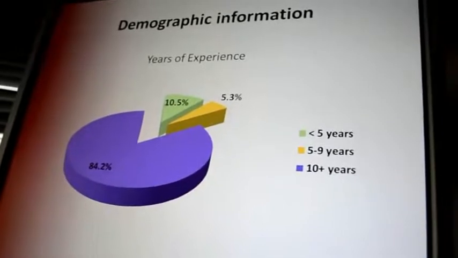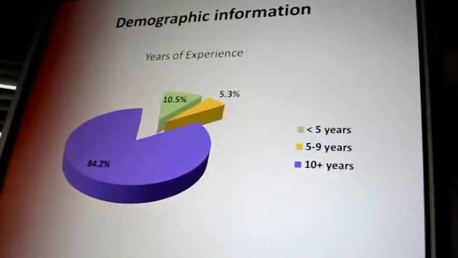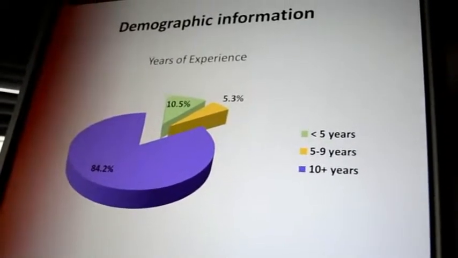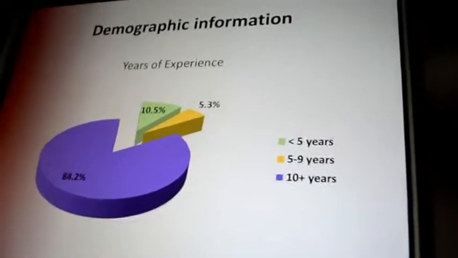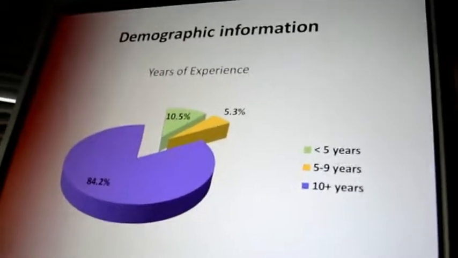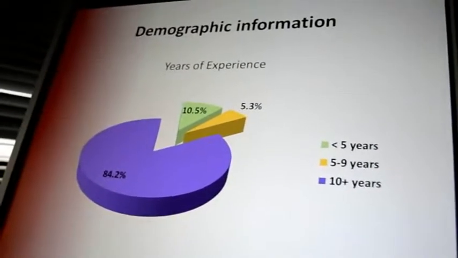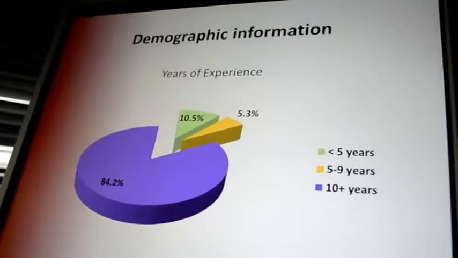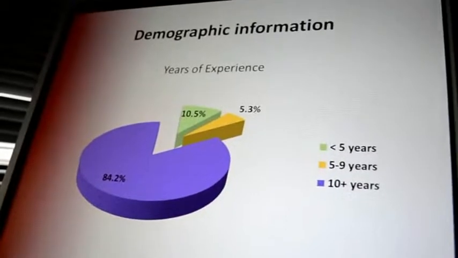The majority of the participants had greater than 10 years of experience in hemodialysis, which is indicated by 84.2%. Only a small percentage of participants had less than 5 years of experience in hemodialysis, which is indicated by 10.5%, and only one participant had 5 to 9 years of experience in hemodialysis, which is indicated by 5.3%.